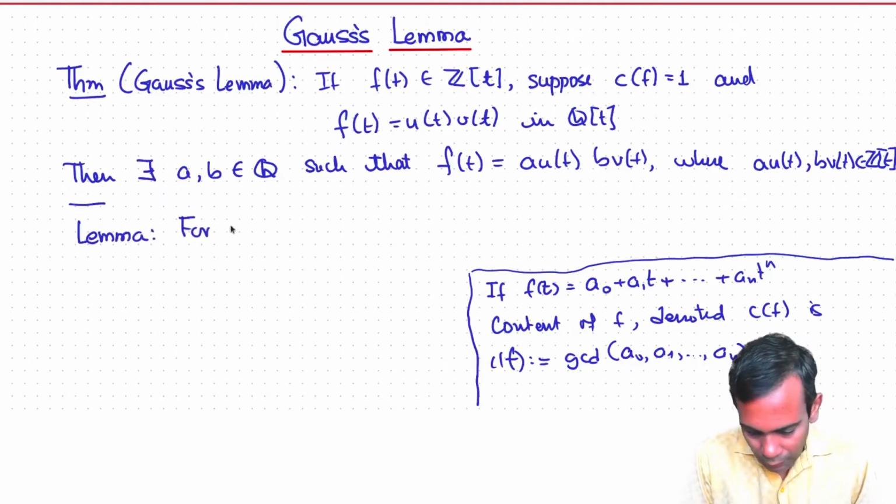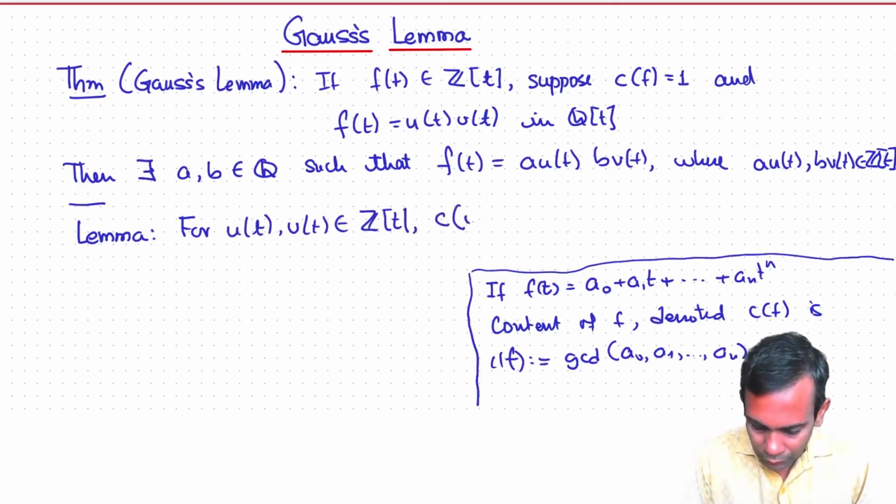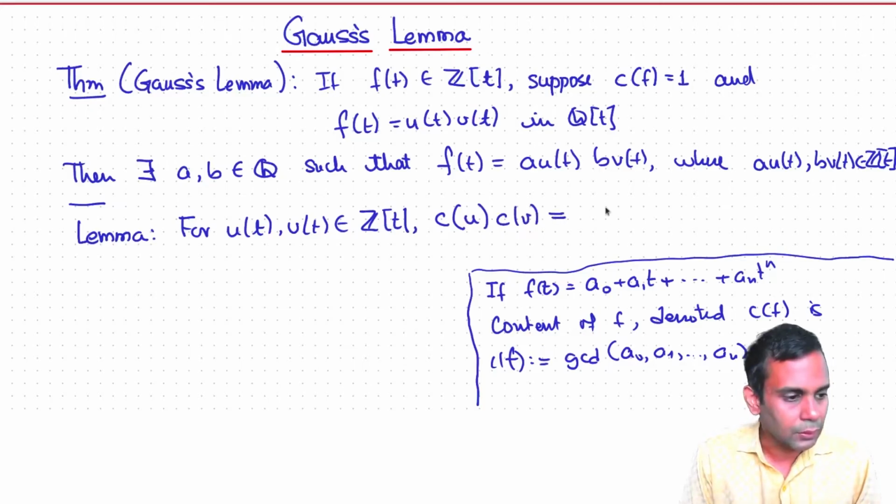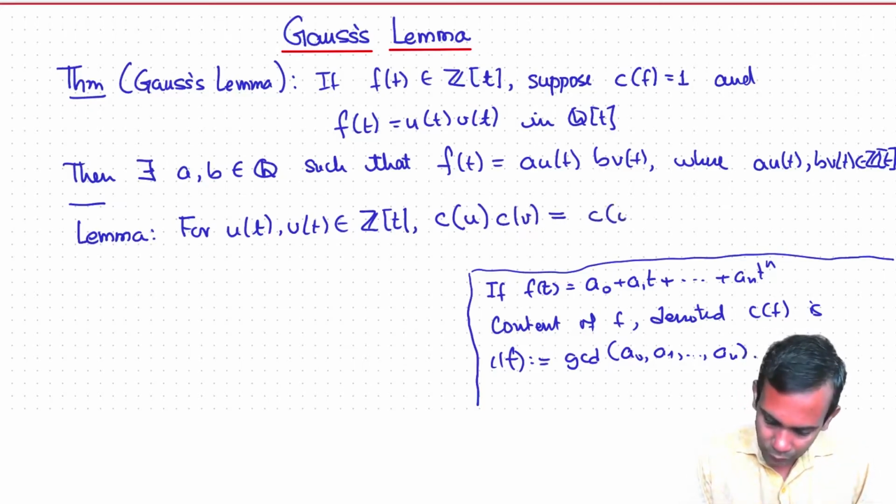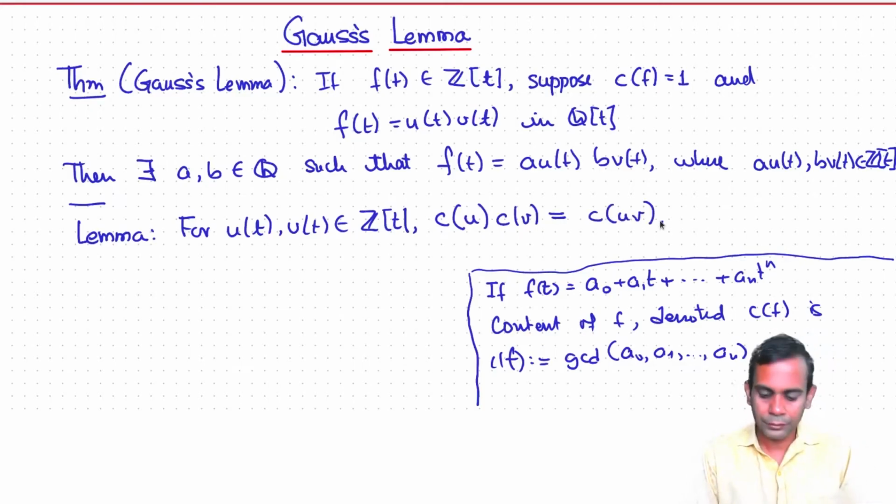For u(t), v(t) in Z[t], the content of u times the content of v is equal to the content of uv. So the content of the product of two polynomials is the product of their contents.